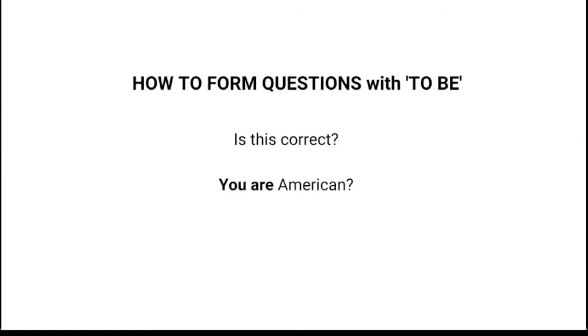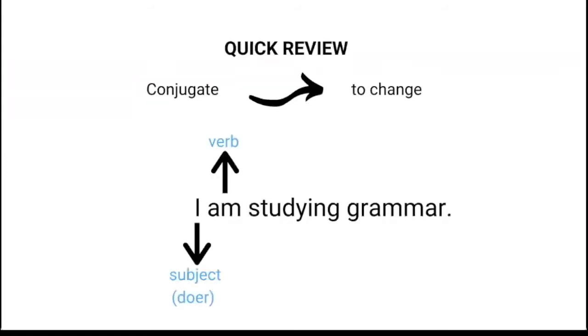So, let's start. Let's have a quick review first. We conjugate or change verbs depending on the subject or who is doing the action. Okay? So if the subject is I, then we use am. Not is. So we don't say I is studying grammar.